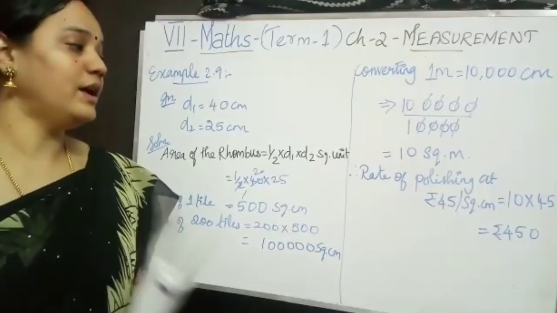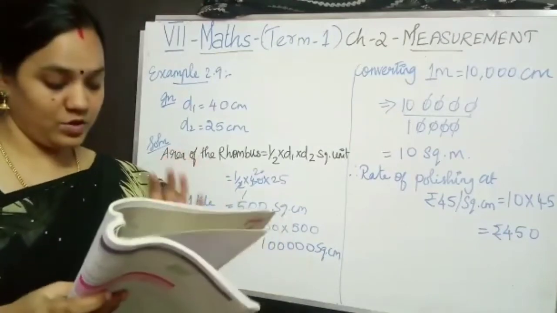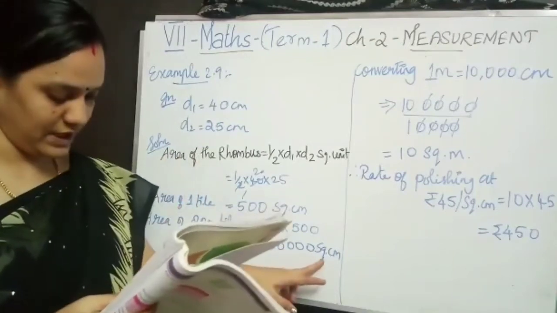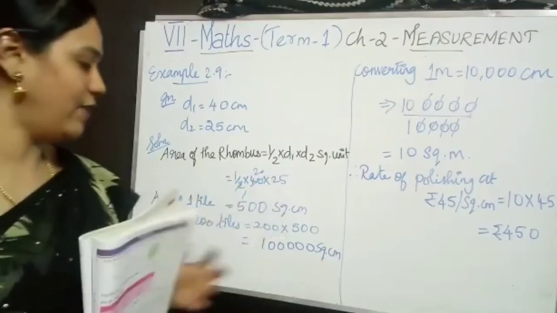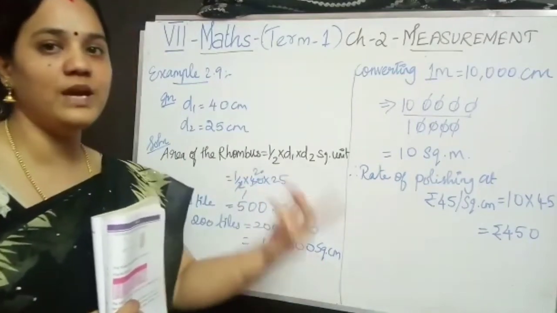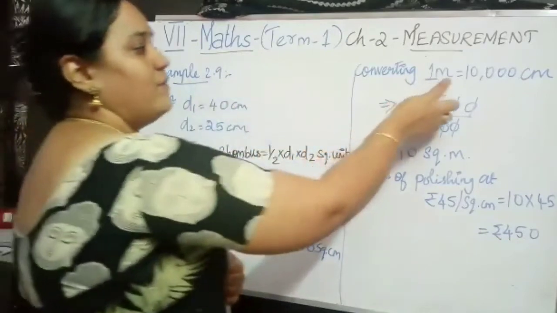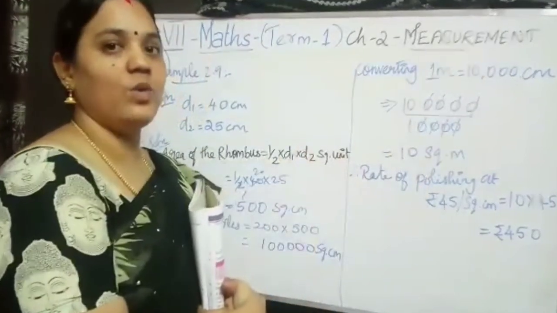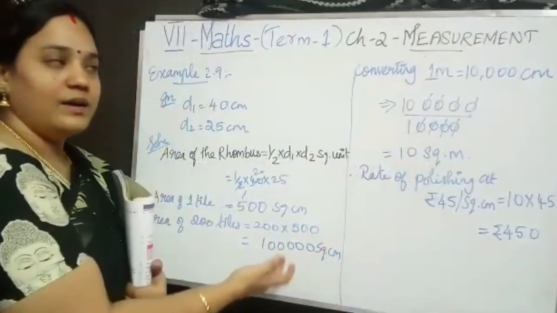But here our answer is in square centimeter, and the rate of polishing is given per square meter. So we have to convert the square centimeter to square meter first. 1 square meter is 10,000 square centimeter. So while converting, we have to divide the square centimeter by 10,000.